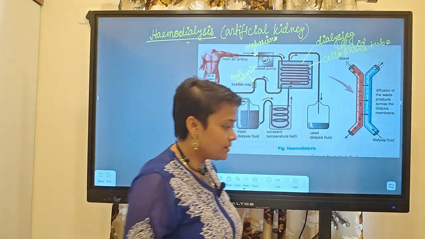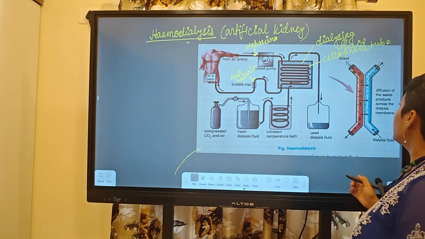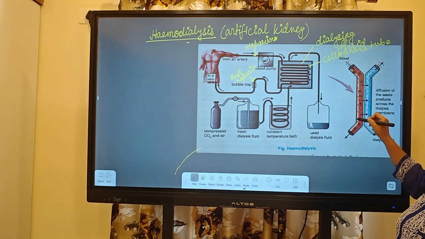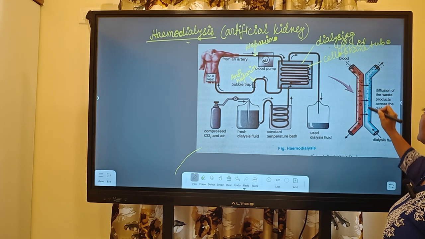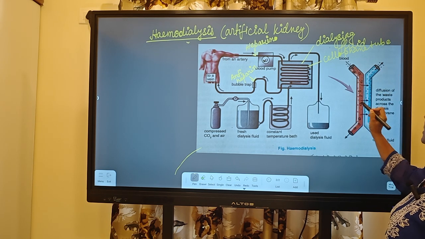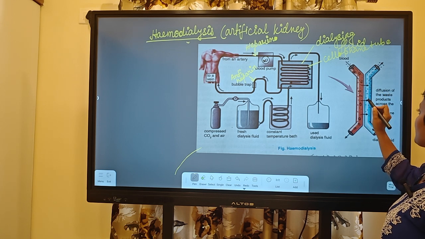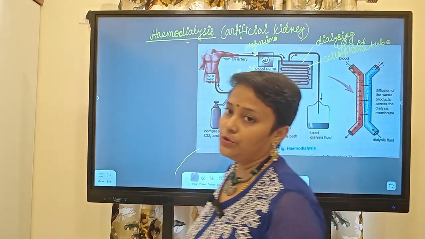It will filter the nitrogenous waste from the blood. So here it is showing the blood which is present in the cellophane tube, and this is the dialyzing fluid. Nitrogenous waste will be transferred from the blood to the dialyzing fluid, and this is called hemodialysis.